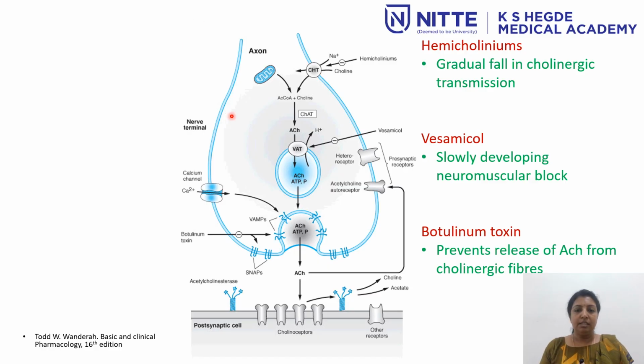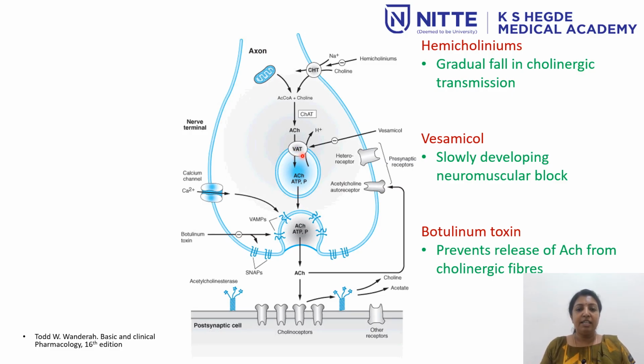This is again another figure where you can see the choline transporter. This is the rate limiting step where choline is taken up into the cytoplasm. This transporter is inhibited by a group of drugs called hemicholiniums. When hemicholinium binds or inhibits this transporter, there will be a gradual fall in cholinergic transmission. Another transporter I discussed was called VAT, where acetylcholine is taken up into the storage vesicles and stored along with ATP.